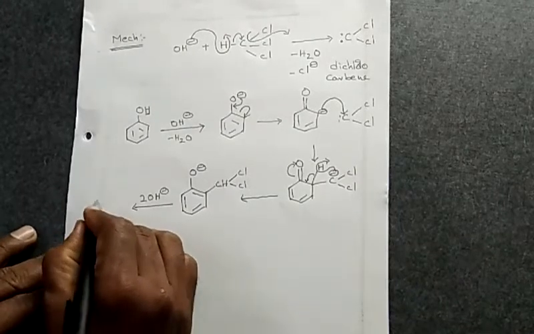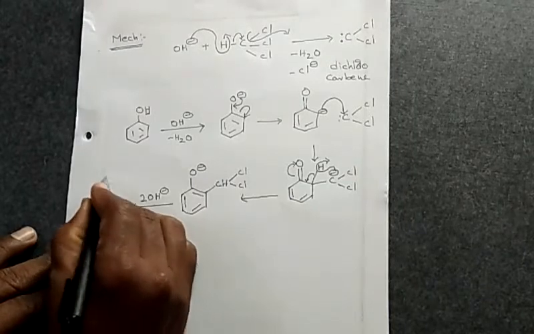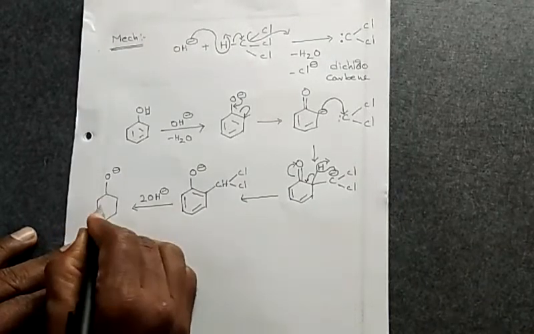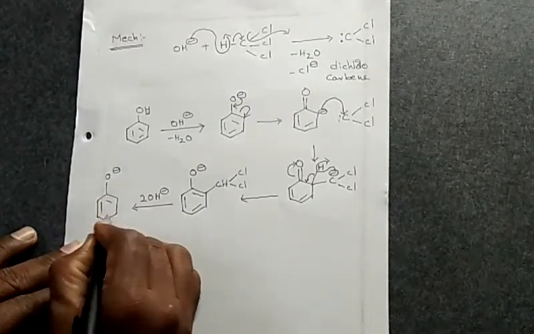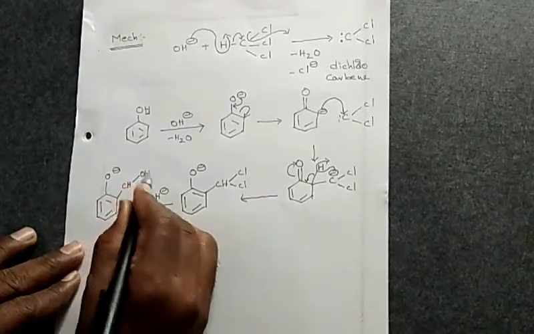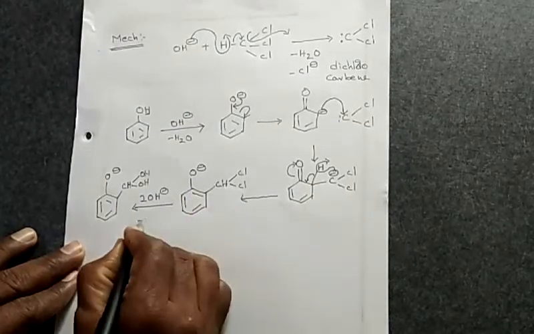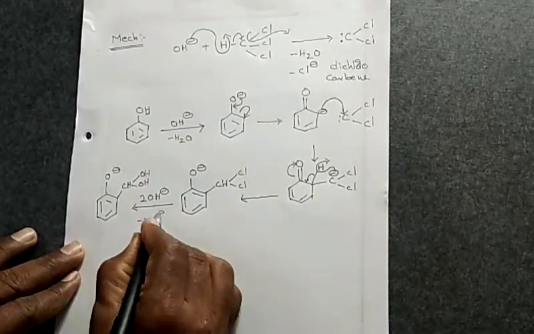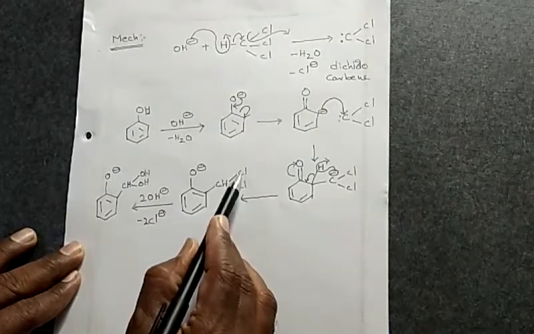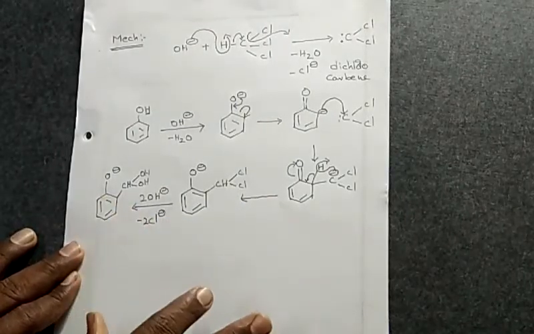Then this is converted into like this, O minus, and this has become CH, OH and OH. Means what? These 2 chloride ions are removed. In their places the OH minus got substituted. Hope you have understood up to now.